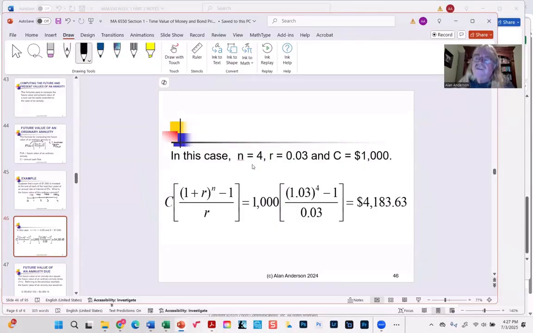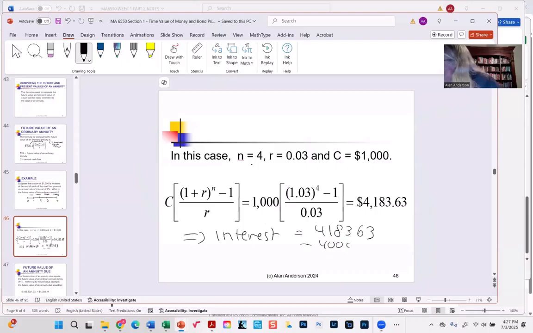Now, because you deposited $4,000 along the way, that implies that the interest that you earned must be $183.63. We could, if we wanted to, break it up into simple and compound, but it might take a while. So we're just going to leave it here. It's a little bit messier than when you have a lump sum.